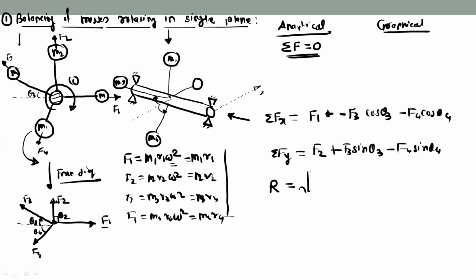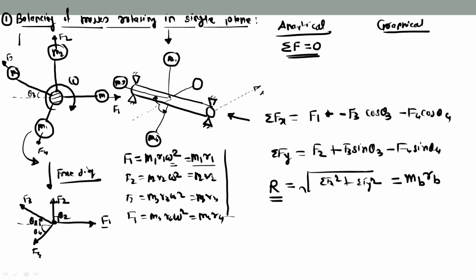So the resultant will be the square root of summation Fx square plus summation Fy square. This resultant value is nothing but the balancing force, so we take this value as balancing mass into its radius, MB into RB. I have written MB into RB because in the calculation we take the forces as M1 into R1.